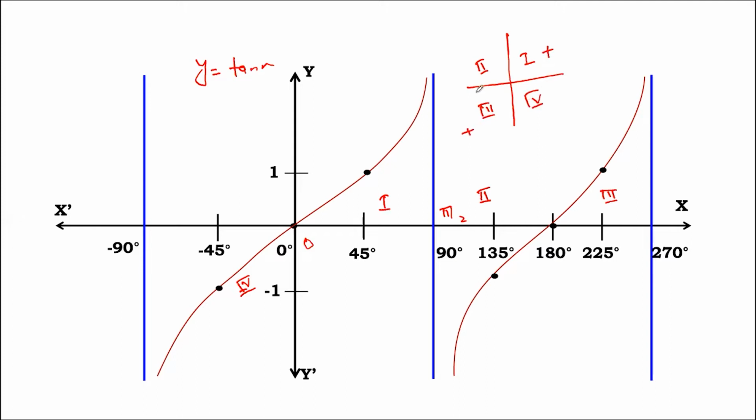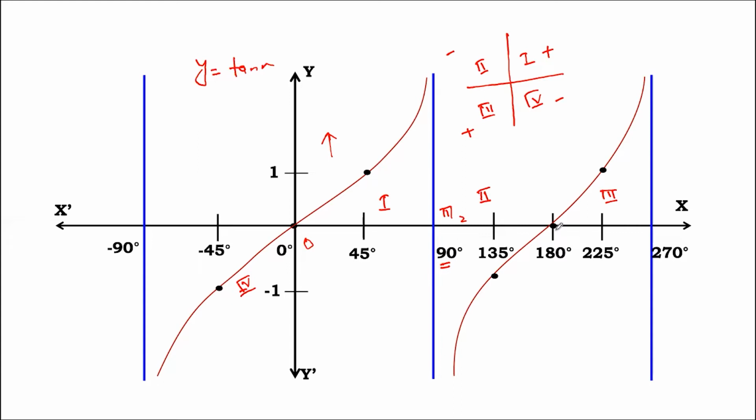So these two are positive and these are negative, right? This graph is always an increasing graph, and this will be discontinuous at 90 degrees or 270 degrees and so on.